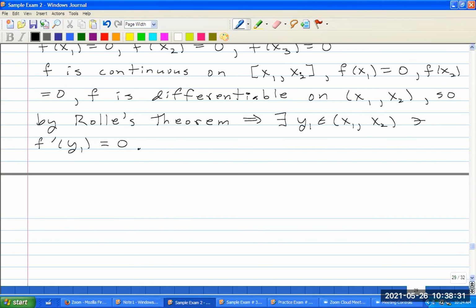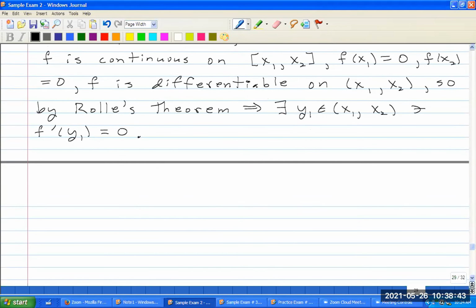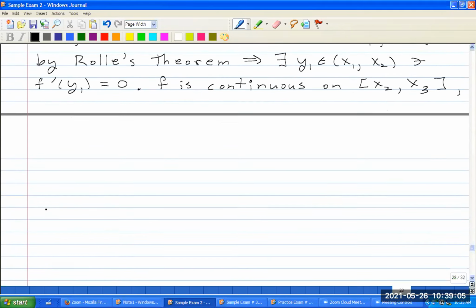So now we have the same thing. So do the same thing now for x2, x3. Of course, probably one of these is 0 because we know that f is 0, 0. So f is continuous on the closed interval x2 to x3.